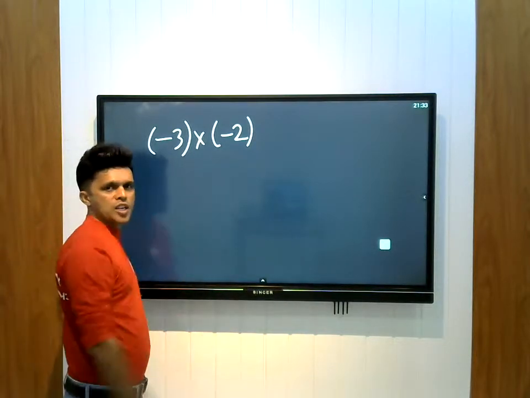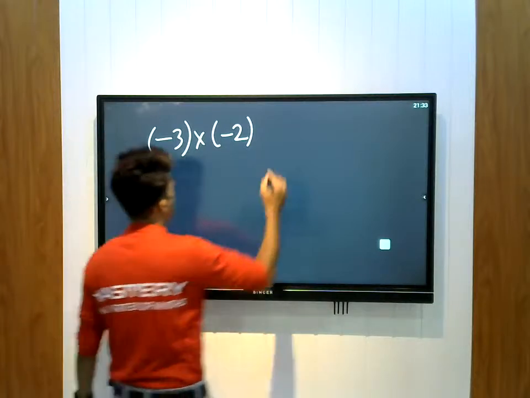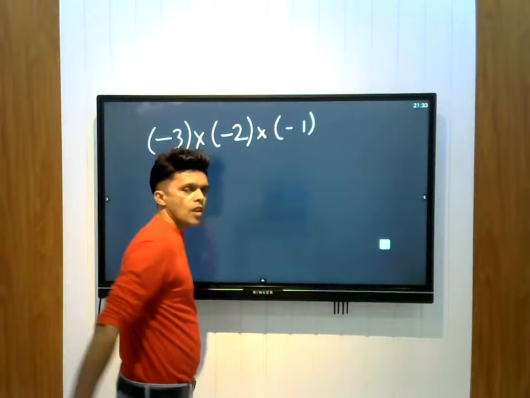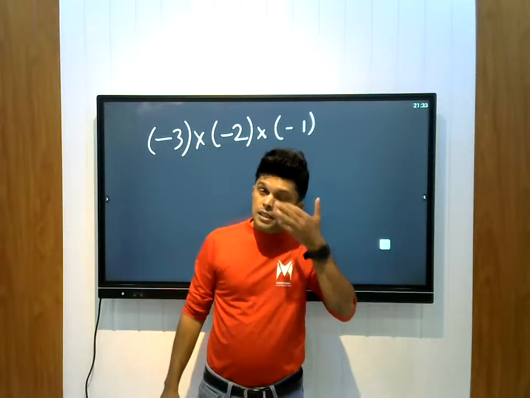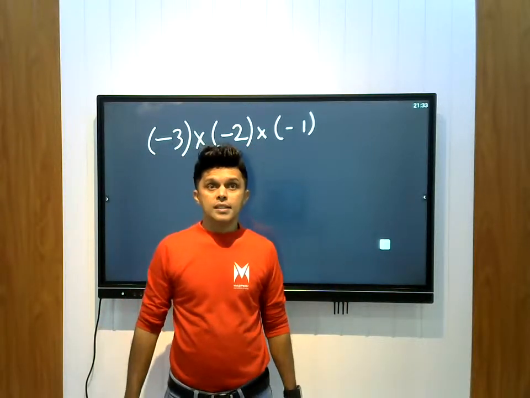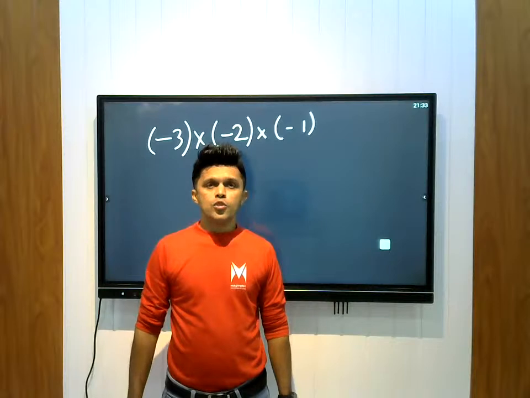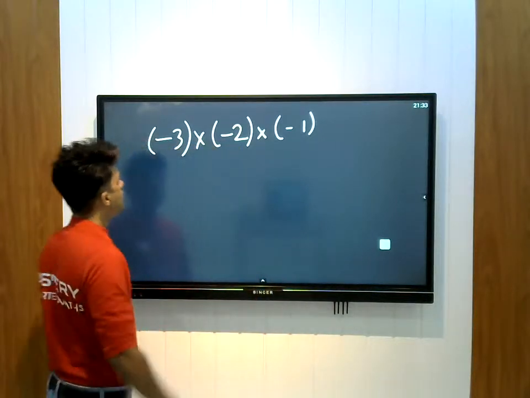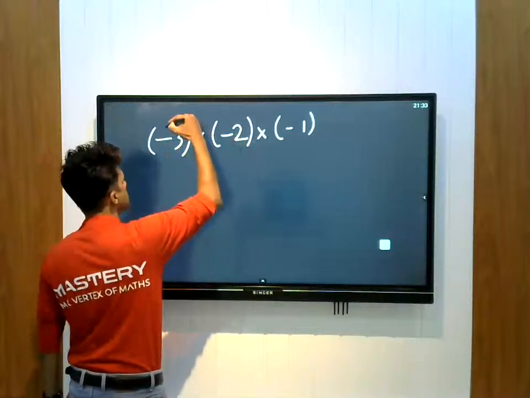Minus 3 into minus 2 into minus 1. How can you do this type of one? How can you simplify this type of one? Yes. How do you do this type of one? Tell me.